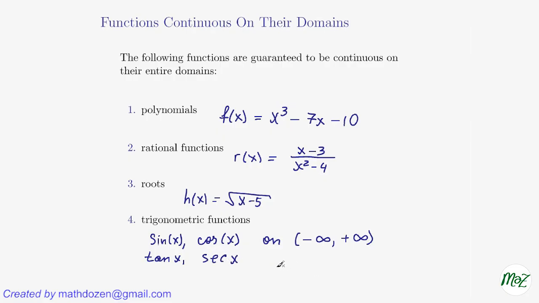Those are continuous on some intervals, and it's easier to write that those are continuous for x not being equal to pi over 2 plus a multiple of pi. Likewise, cotangent x and cosecant x are continuous for all values of x not equal to a multiple of pi.